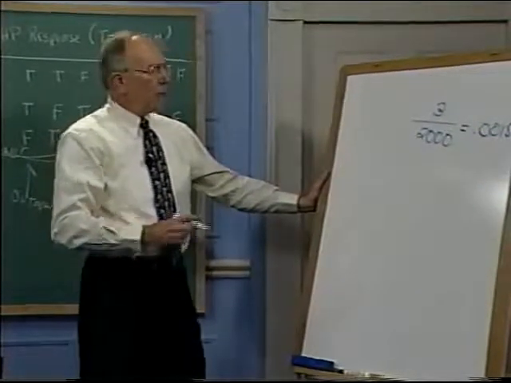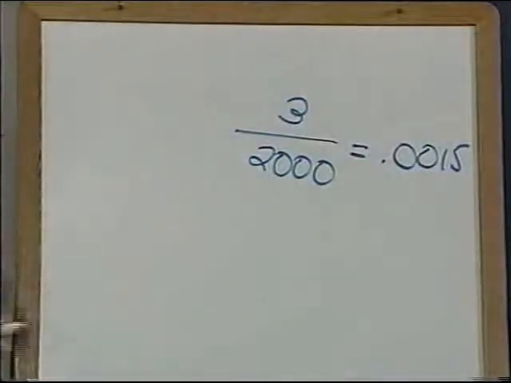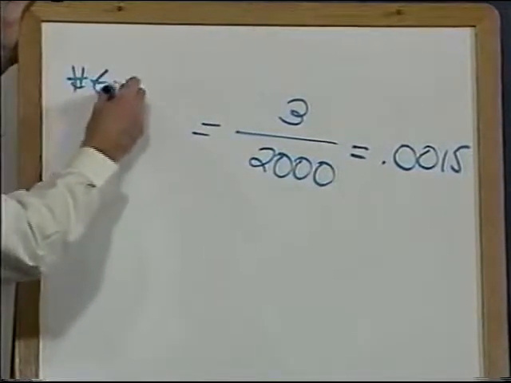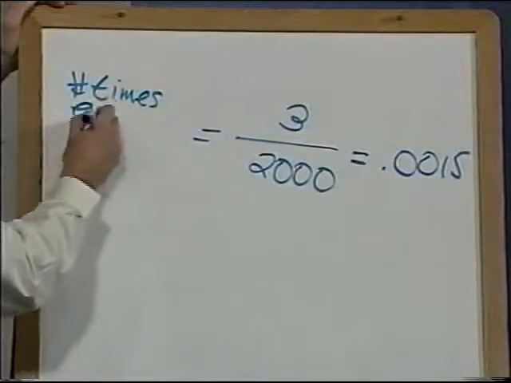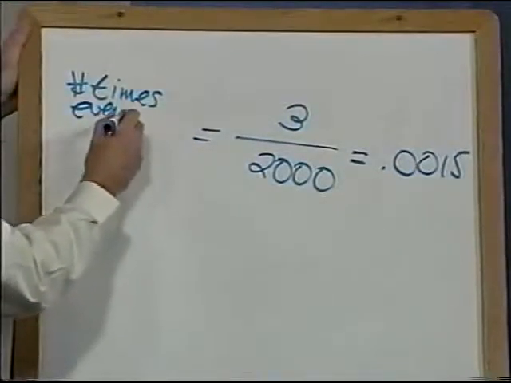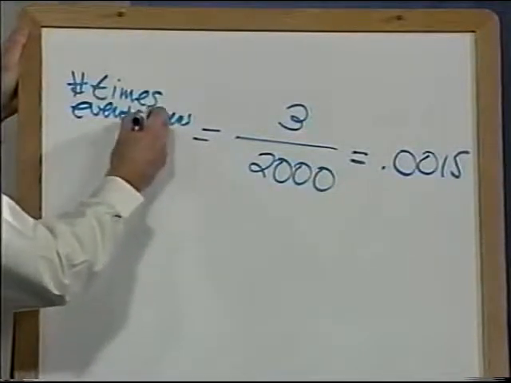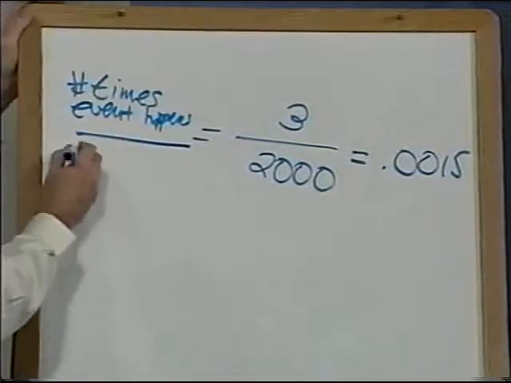What this means is that I am counting the number of times the event happened and dividing it by the number of trials.